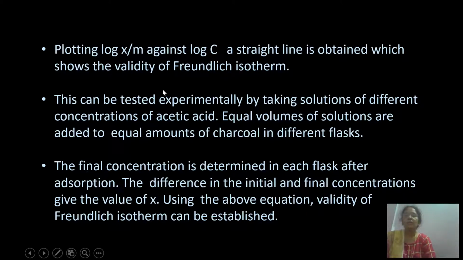We can also verify it experimentally. For verification, we take solutions of different concentrations of acetic acid, with equal volumes of the acid and equal amounts of charcoal in different flasks.